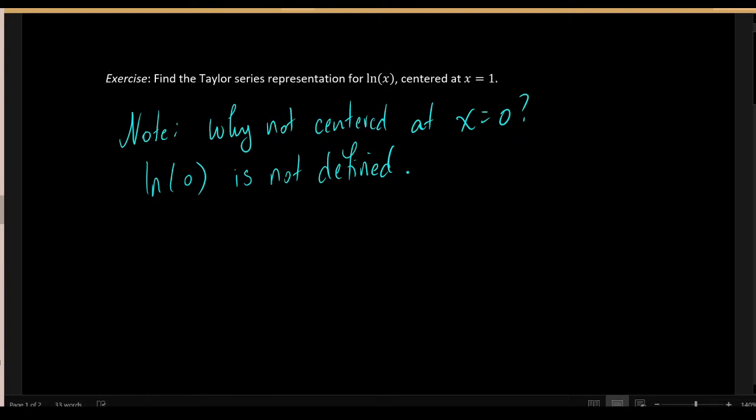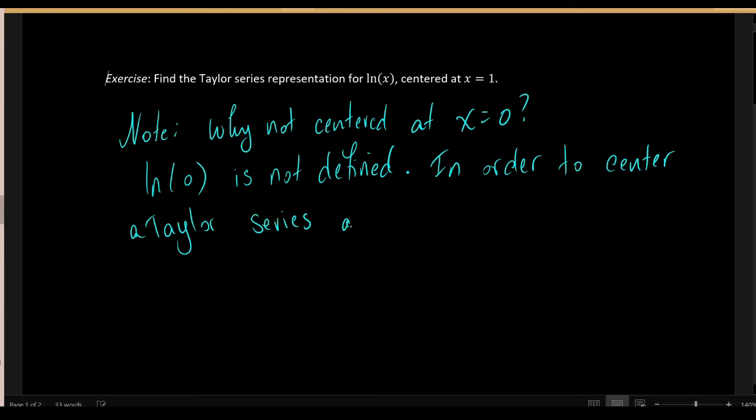In order to center a Taylor series at a number, we need to make sure that every single possible derivative is defined at that center value a.